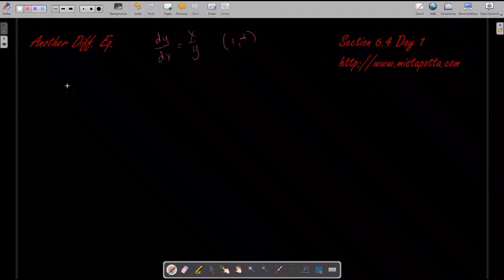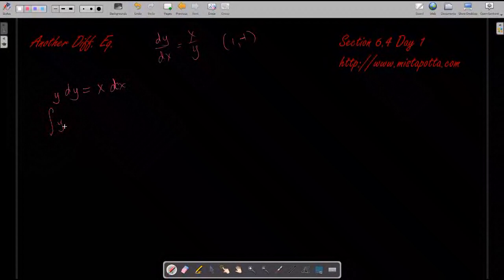So again, step 1 is to separate my variables. I'm going to multiply both sides by y and multiply both sides by dx. So I end up with y dy equals x dx. My second step is to take the antiderivative of both sides.